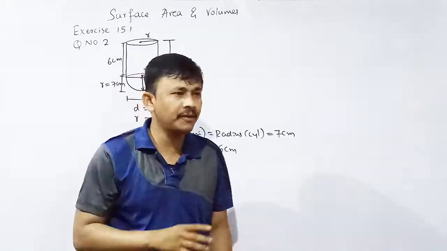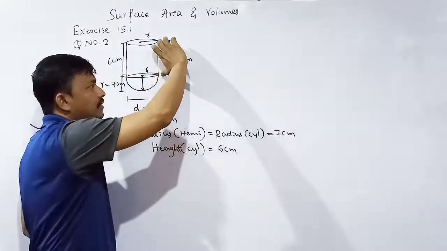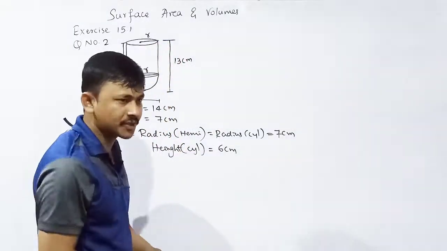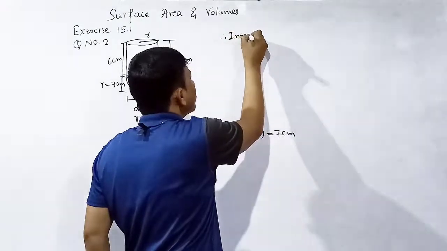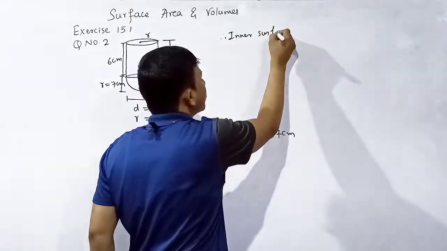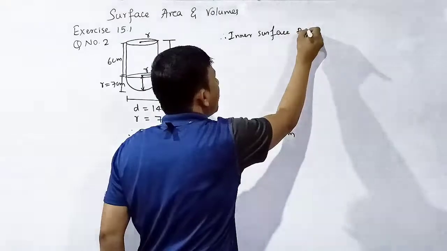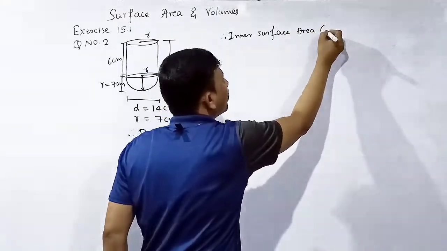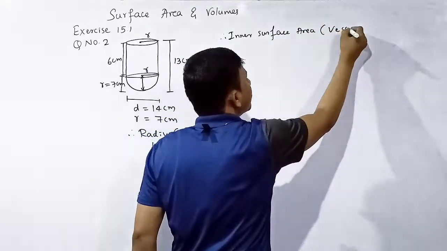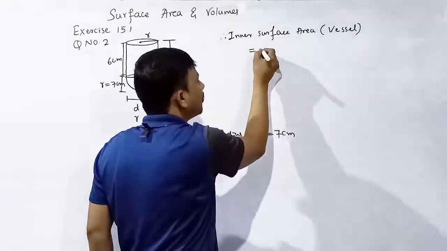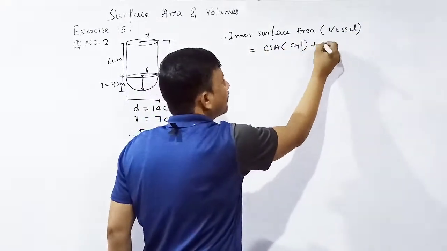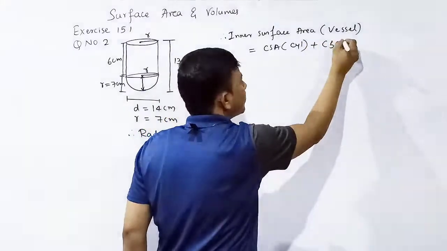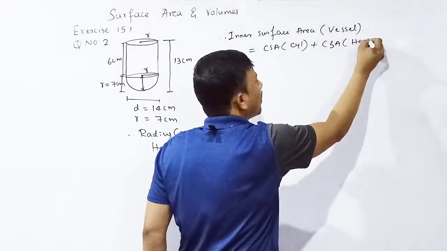Curved surface area of hemisphere plus curved surface area of cylinder. Understood? Therefore, inner surface area of vessel is equal to CSA of cylinder plus CSA of hemisphere.